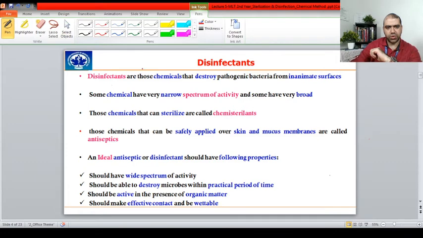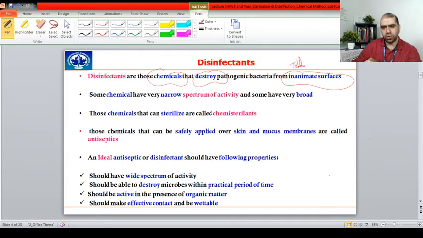In case of disinfection, we will talk about disinfectants. What are disinfectants? Disinfectants are those chemicals which can destroy the pathogens. And destruction means either you can destroy them, stop them multiplying, or you can sterilize them completely by killing them. So disinfectants are particularly used on inanimate surfaces, for example tables.